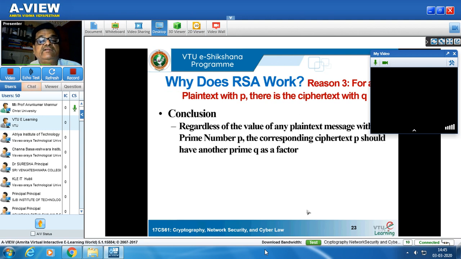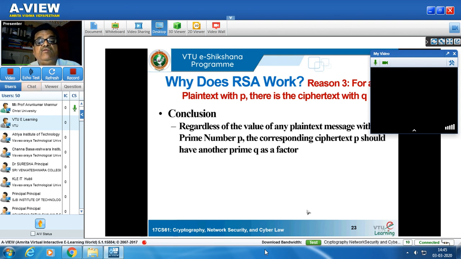The conclusion is, regardless of the value of any plain text message with a prime number P, the corresponding ciphertext P should have another prime number Q as a factor.